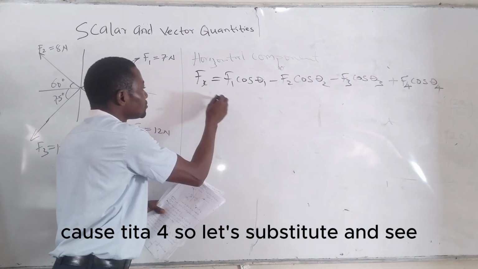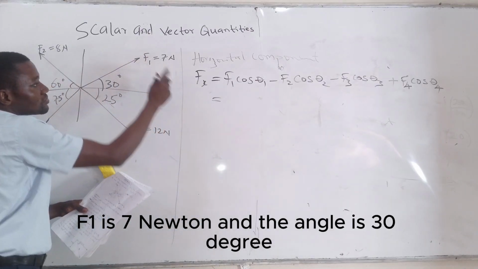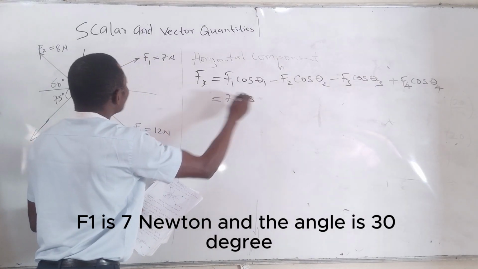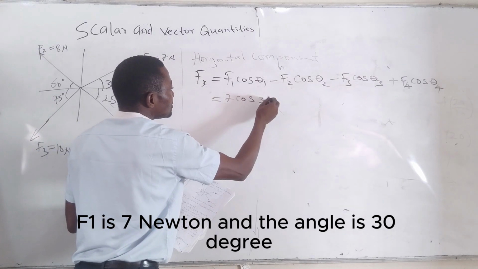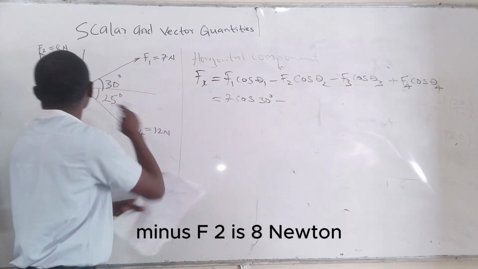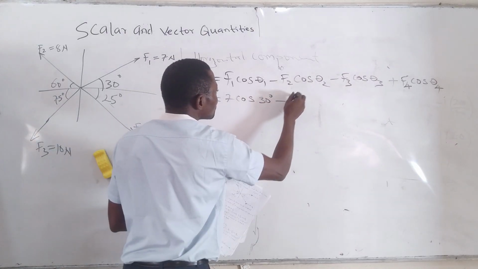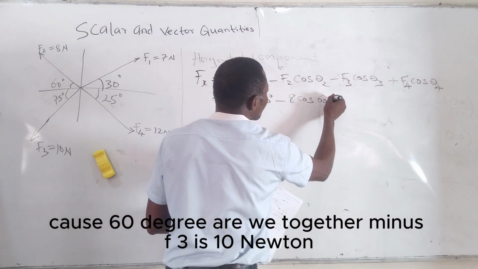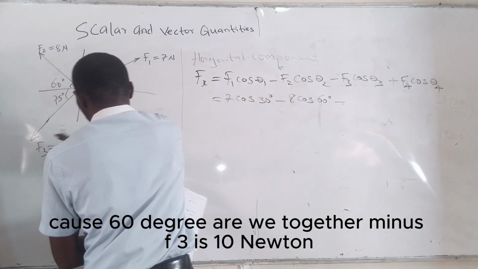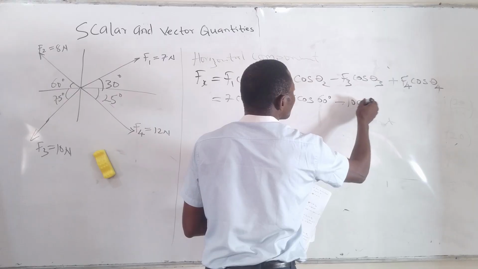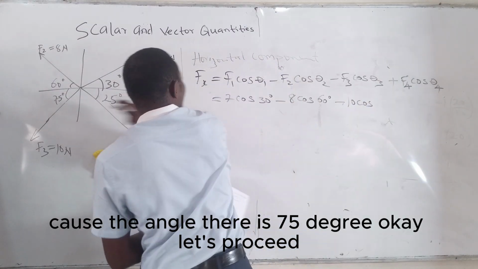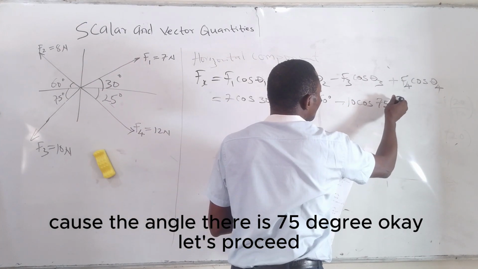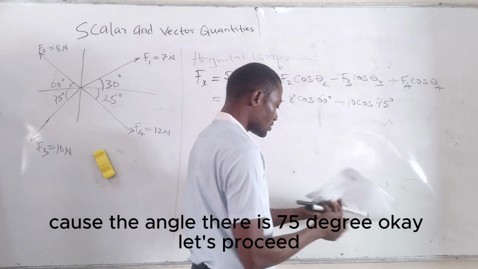So let's substitute and see. F1 is 7 Newton and the angle is 30 degrees, minus F2 is 8 Newton cos 60 degrees. Are we together? Minus F3 is 10 Newton cos the angle there is 75 degrees. Okay, let's proceed.